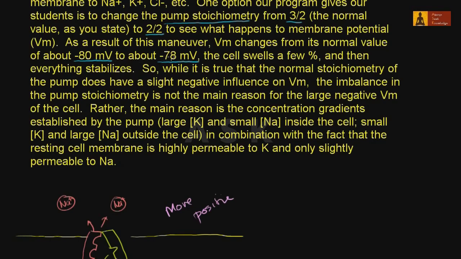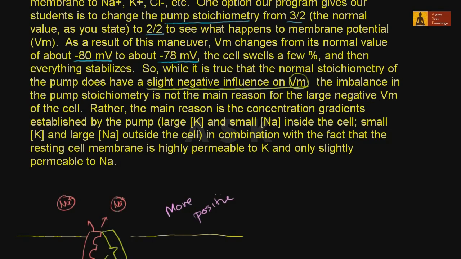The potential difference becomes a little bit less. The cell swells a few percentage, and then everything stabilizes. So then he goes on to write, while it is true that the normal stoichiometry of the pump does have a slight negative influence on the membrane potential, that's just the membrane potential, the voltage across the membrane, the imbalance in the pump stoichiometry is not the main reason for the large negative membrane potential of the cell.